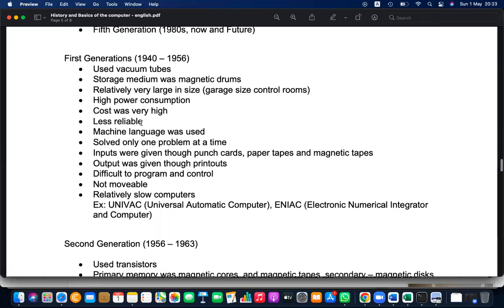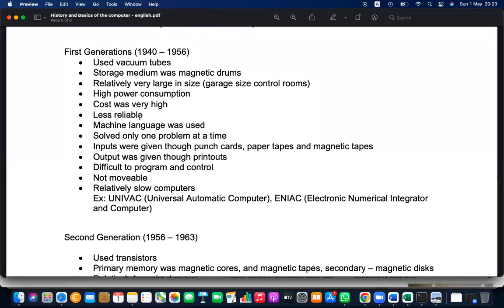The first generation: the technology was vacuum tube, and the machines were very large, garage-size computers, with very high power consumption and high cost, and they were not personal machines. They were not movable, because they were like a building. Mostly inputs were punch cards, magnetic tapes were also used, and some programming languages were used.